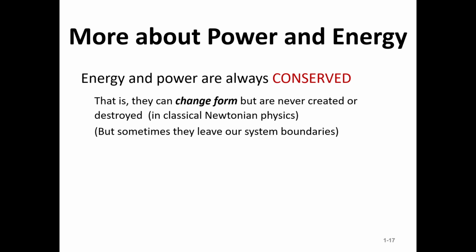Okay? So once again, the energy is never created or destroyed. It just changes form, but it does leave the system boundaries. It comes into our little model in the form of mechanical energy coming in and turning a generator or whatever, and then it runs through resistors, and the electrical energy is turned into heat, and then that heat leaves our system.